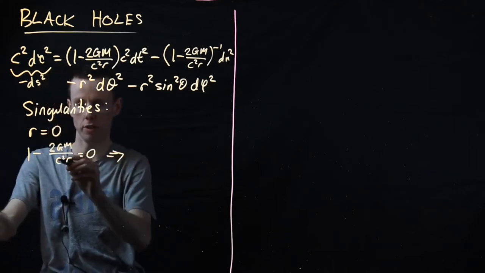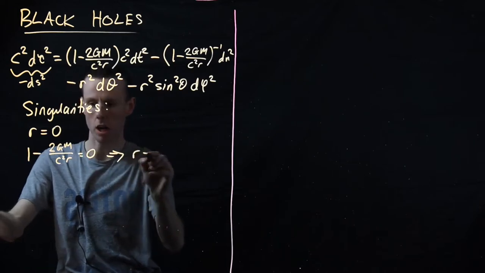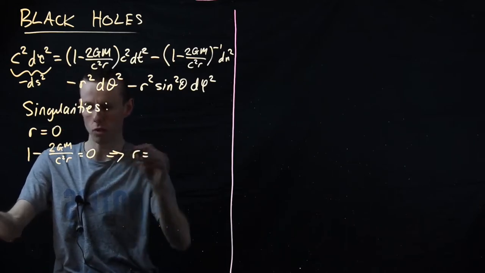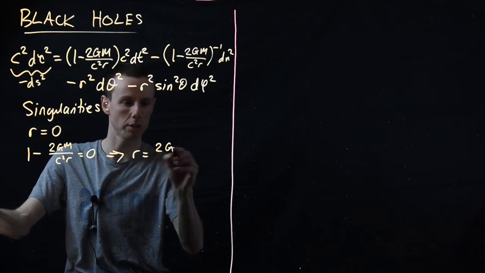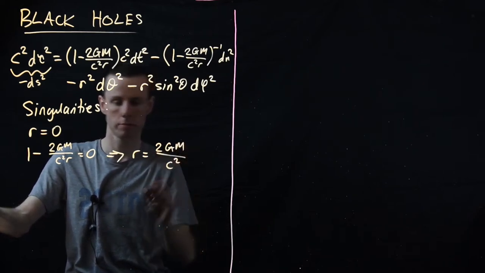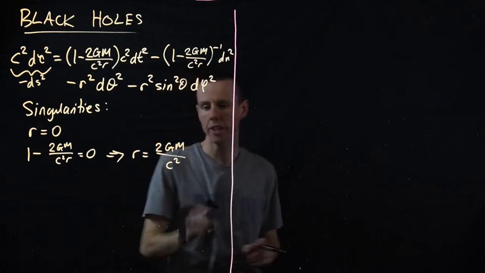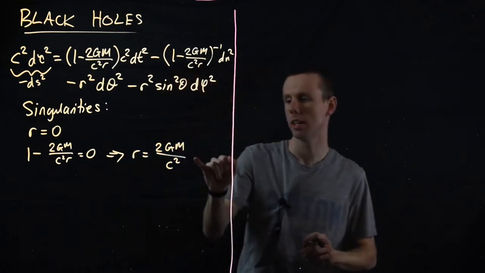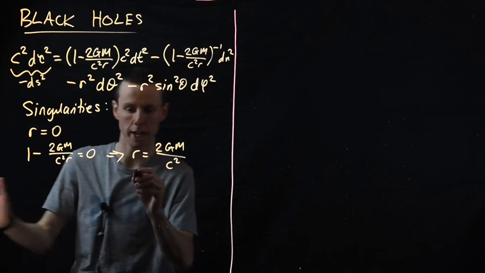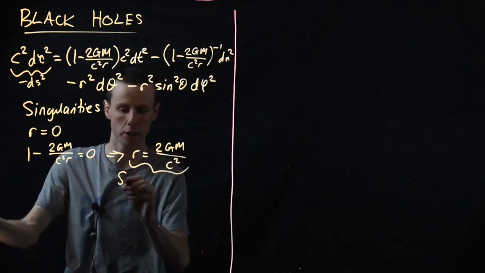In other words, if you rearrange, r equals 2GM over c squared. This singularity is called the Schwarzschild radius. It has a special name.